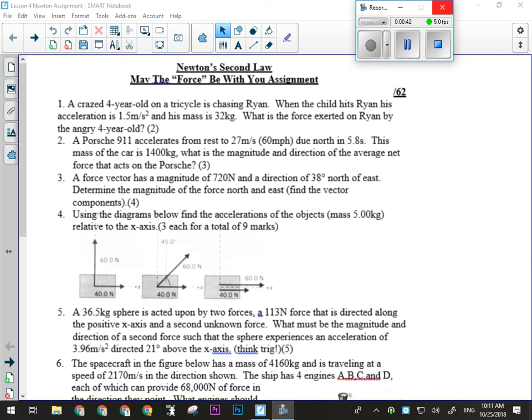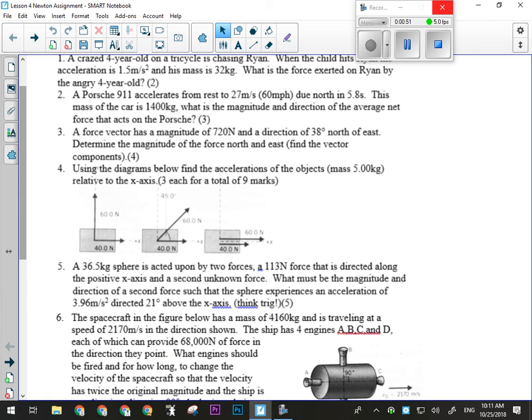They're telling you it's 720 newtons and it's 38 degrees north of east, so you're trying to find the north and east vectors. Number 4 is 3 separate problems. They're giving you the free body diagrams for essentially part A, part B, and part C. You are being asked to calculate the acceleration of this mass.